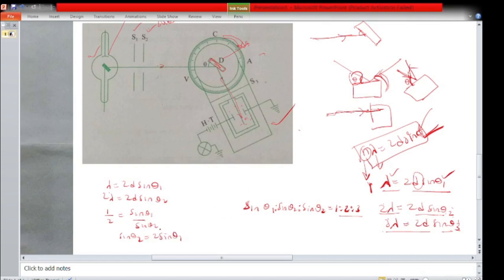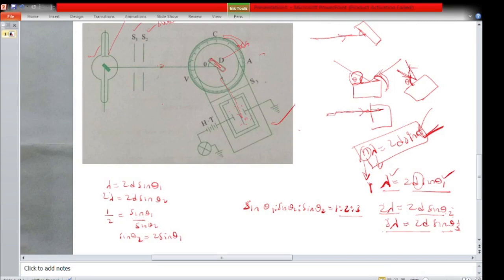So that is the relation, which means sine theta 1 is to sine theta 2 is 1 is to 2. When sine theta 1 is 1, sine theta 2 will be double of that. Similarly, if you do the same exercise for the third one, you will get sine theta 3 equal to 3 times sine theta 1, and 3 by 2 times sine theta 2. Okay, so that's how it will come.